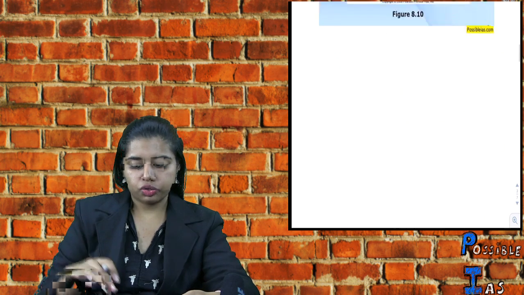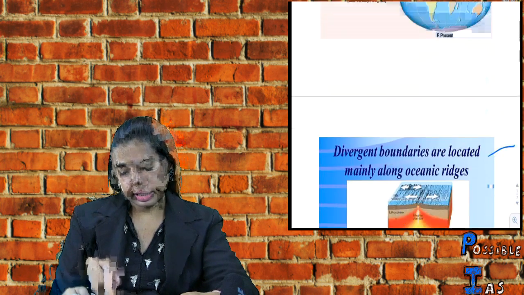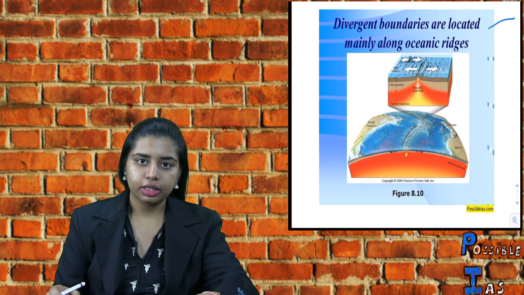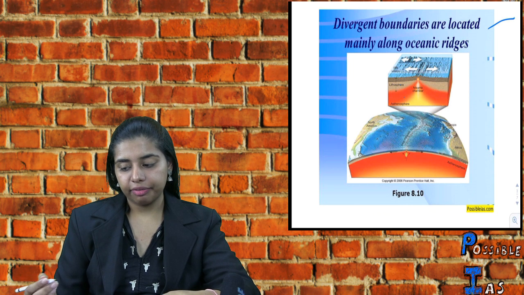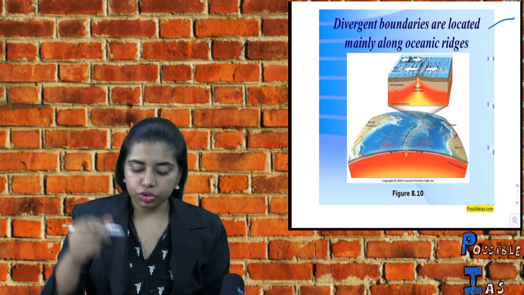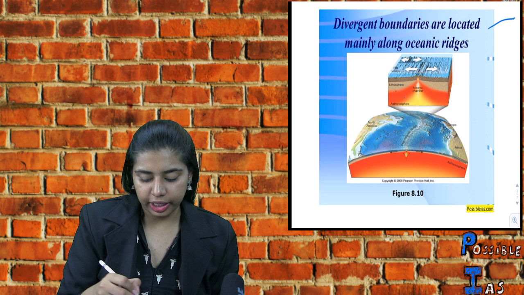So now we have discussed the basic mechanism behind the continental drift hypothesis, behind plate tectonics, right? So the next thing that we are going to discuss is the different types of plate boundary interactions. The first type of boundary we'll study is divergent plate boundaries. Okay.